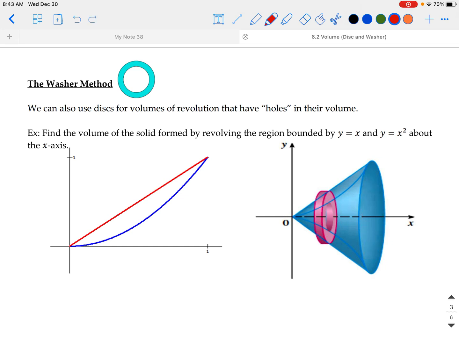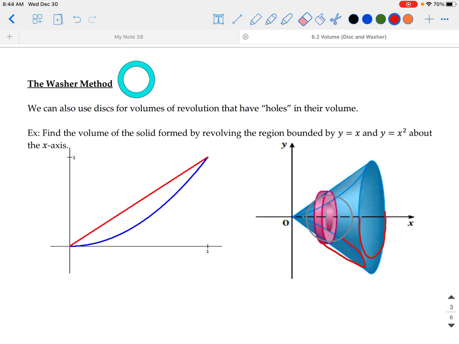It's hard to see from the picture, but this section is rotated, and we get this symmetric section on the bottom, and then the actual solid itself is going to have a hole in between it. So we get this sort of horn kind of shape to it.